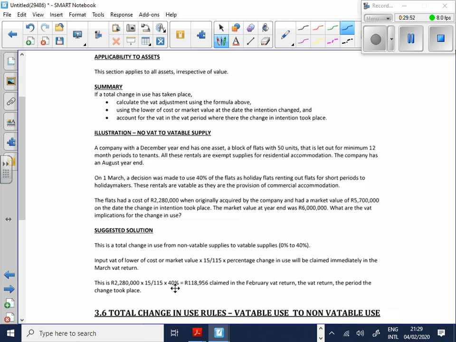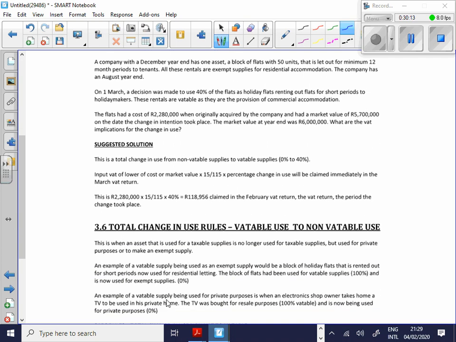Okay, and it's only out of 1 in the exam. Whereas guys actually spend 15 minutes wasting their time. But if it's a total change, immediately. Does that make sense? Immediate. The moment they change intention, you do the adjustment. So it goes immediately into your VAT return.